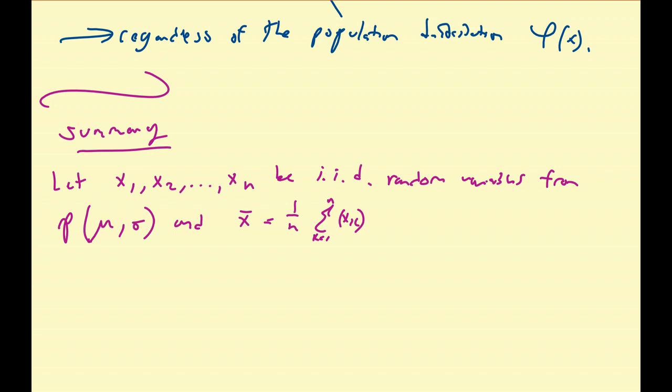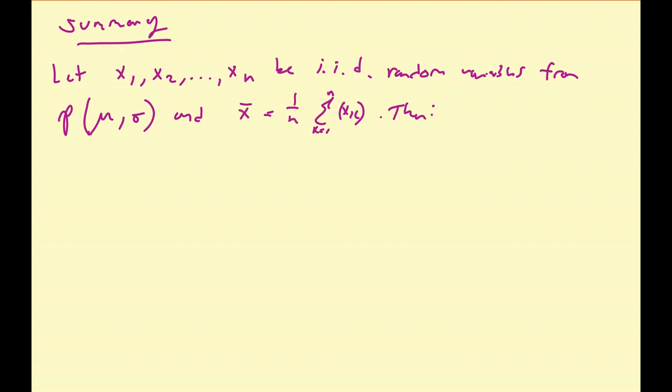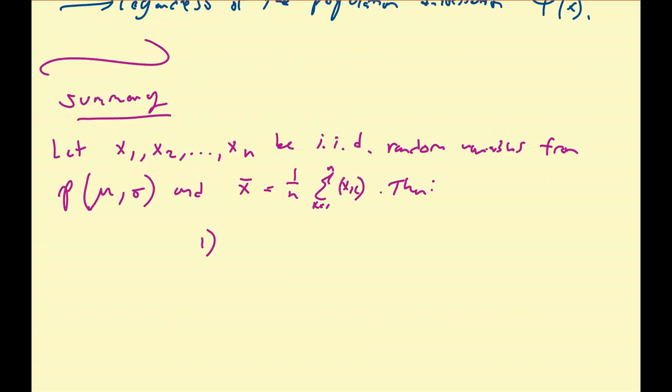Then the first conclusion of the central limit theorem says this. Conclusion 1: the expected value of the sampling distribution of sample means is going to be equal to mu. The standard deviation of the sampling distribution of sample means is going to be equal to sigma over the square root of n.